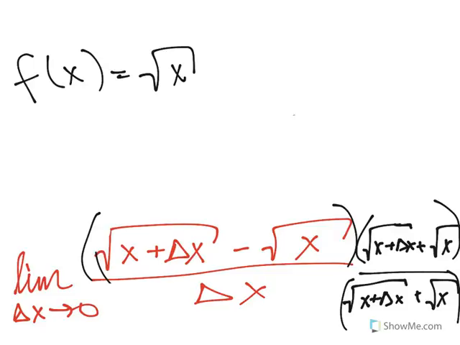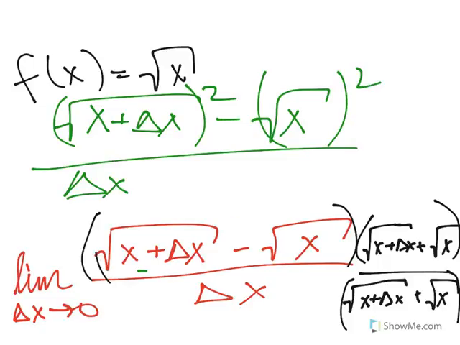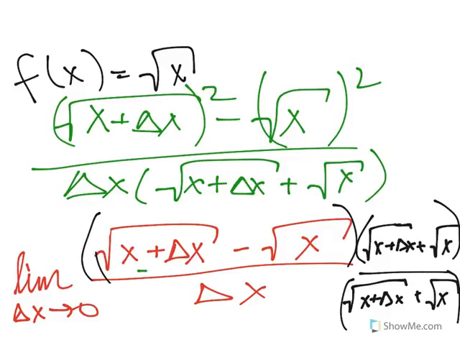So we already know that this is the difference of squares, so we can just say that it's the square root of x plus delta x, squared, minus the square root of x, squared, over delta x times the square root of x plus delta x plus the square root of x.